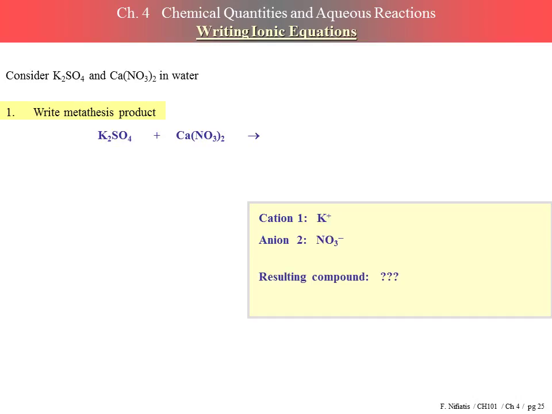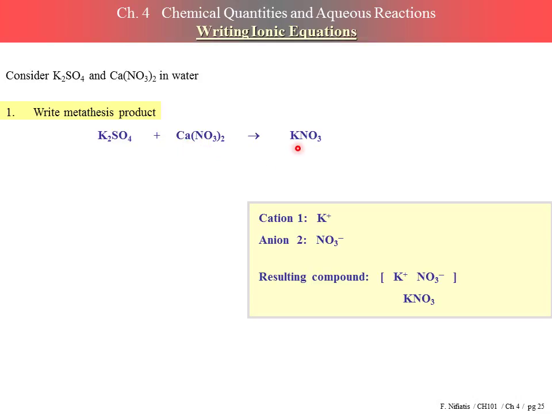The resulting compound when we put together potassium and nitrate is potassium nitrate. This has +1, this has -1, so we are not going to need subscripts. Notice something, the nitrate here has a subscript 2 outside, and that has to do with the charge of the calcium, that it's 2+.